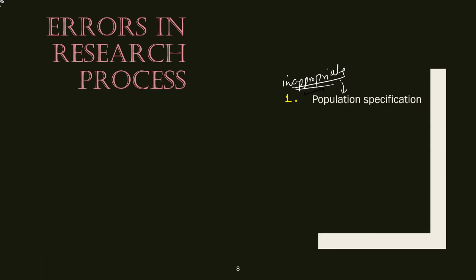So this type of error occurs when probability sampling method is used to select a sample, but the resulting sample is not representative of the population concerned. So this type of errors are unavoidable somehow.